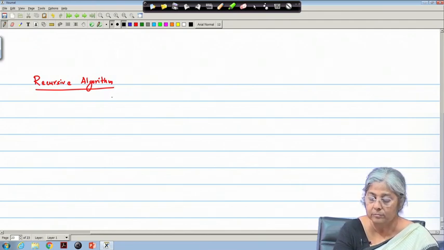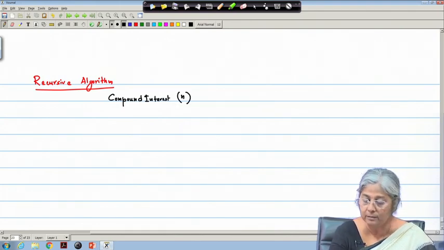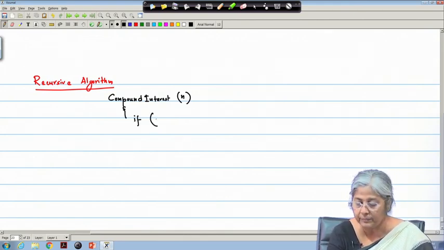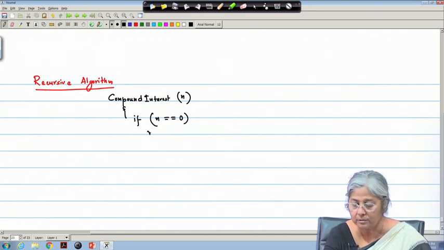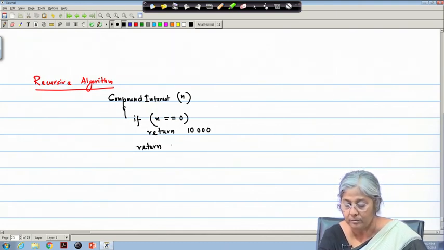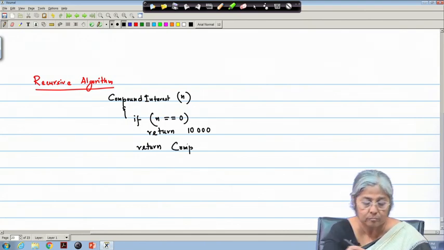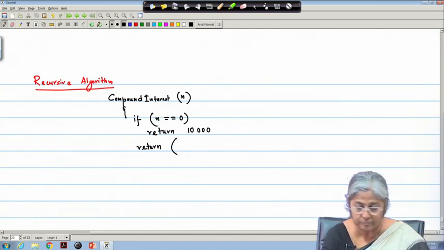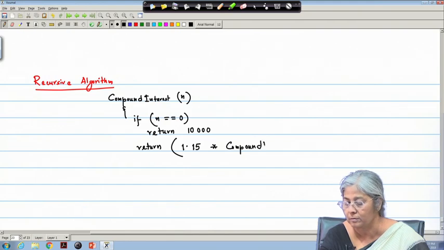The function compound interest n, that means at the end of the nth year: if n equal to 0, that is my initial condition or terminating step, then return 10,000, else it will return 1.15 into compound interest n minus 1.